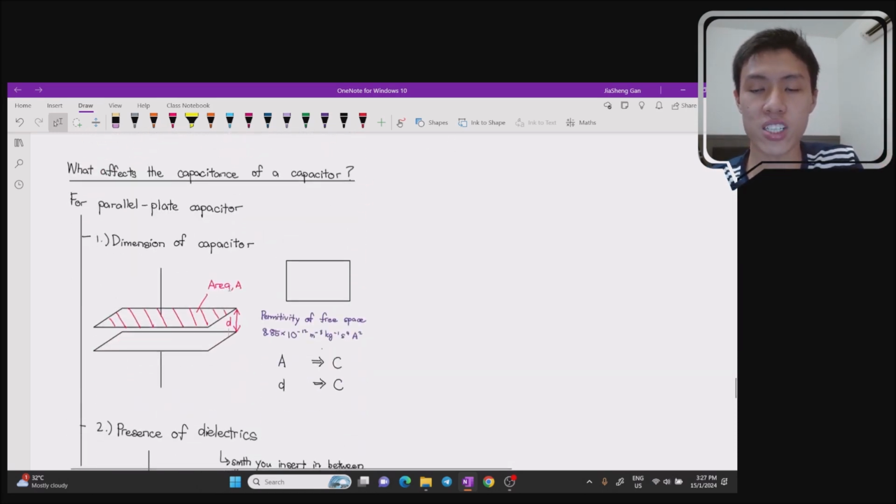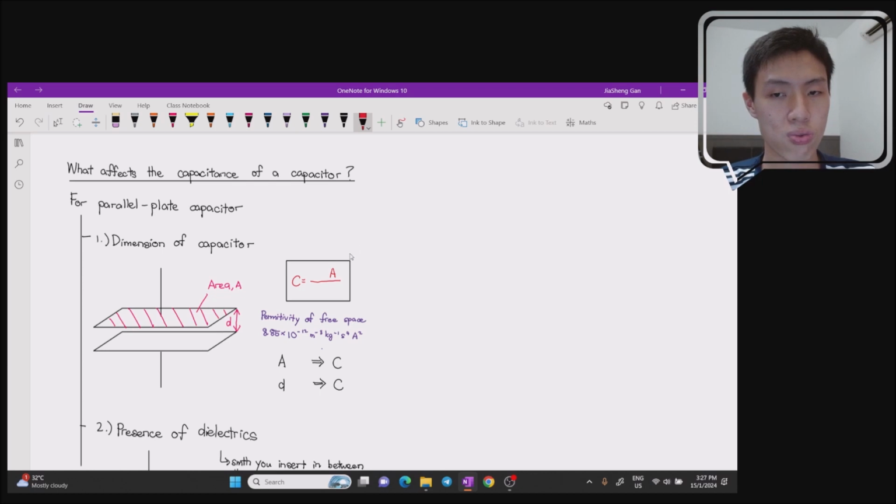In that case, by changing the area of the capacitor plate, or by moving the capacitor plate nearer or further away. Okay, so how do the area and the distance between the plates control your capacitance? It is represented by this equation here, where the area is directly proportional to the capacitance.